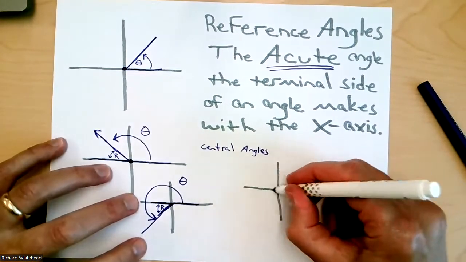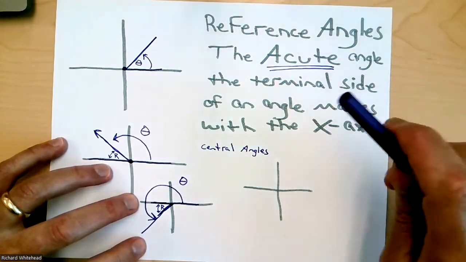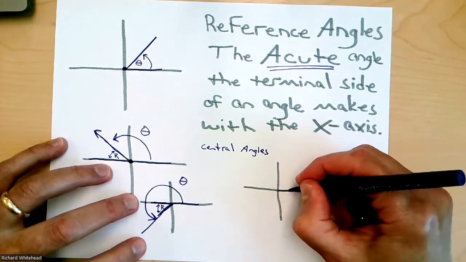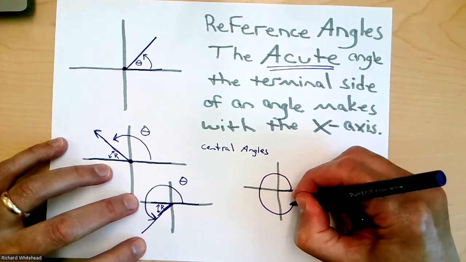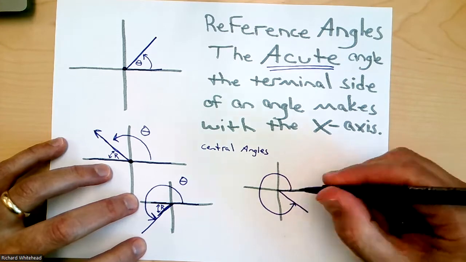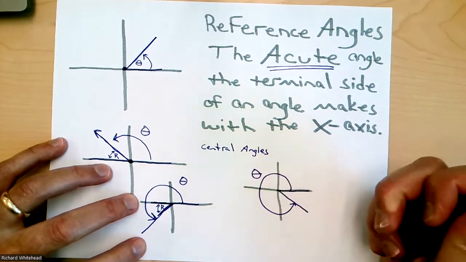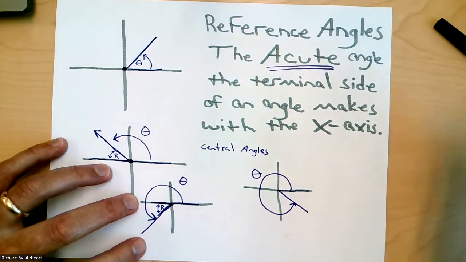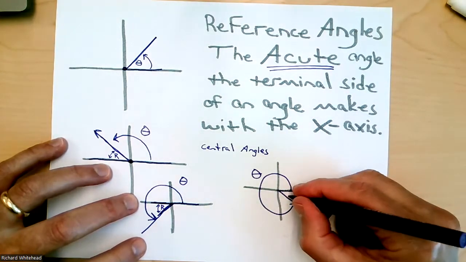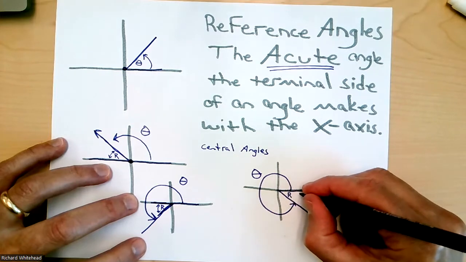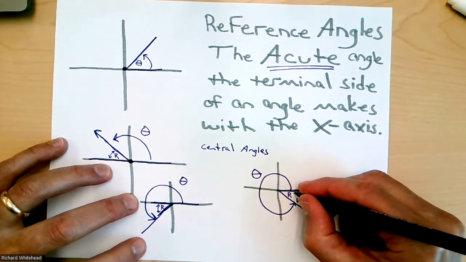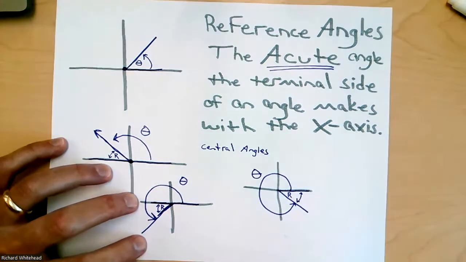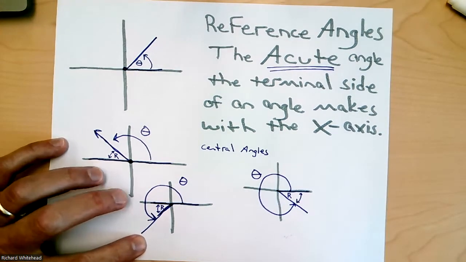Same thing in the fourth quadrant. You go all the way around here, and you're in the fourth quadrant. You say, oh no, I've got a huge angle theta right there. So my reference angle is that little angle right there. It's the angle you make with the x-axis.